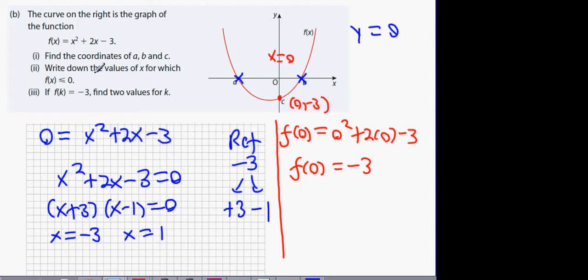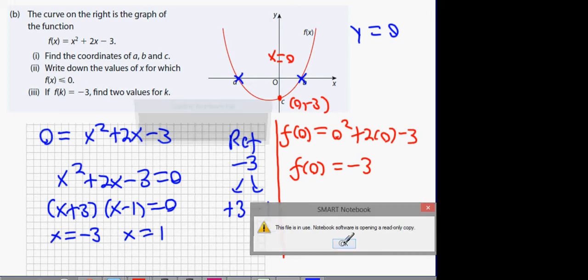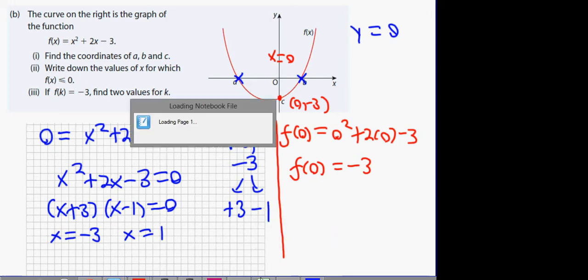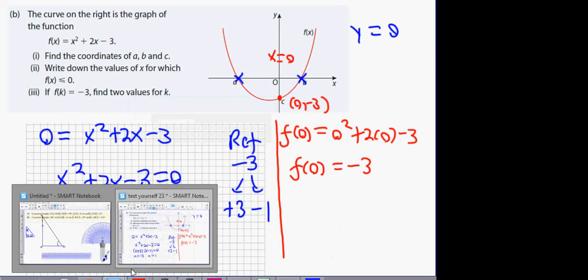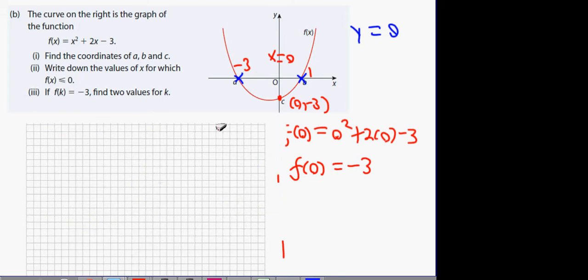Write down the values of x for which f of x is smaller than or equal to 0. So that's minus 3 and that's 1. Okay guys, when is it smaller than 0? Am I above or below 0?